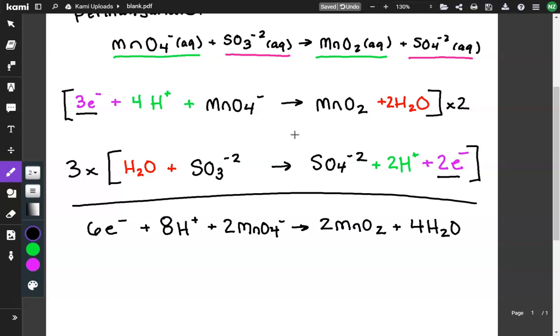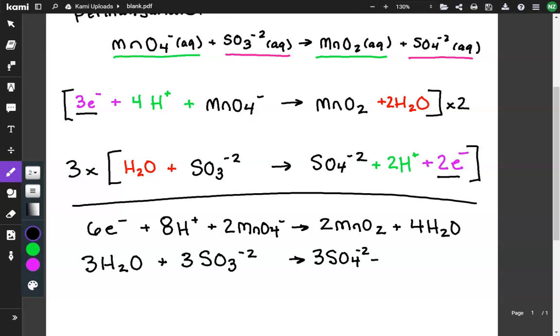Okay, the second one, multiply everything by 3. So we'll have 3 H2Os, 3 SO3 minus 2. Okay. I think that's right.